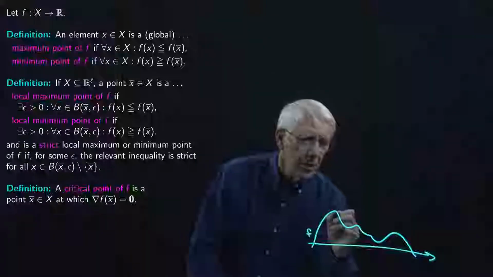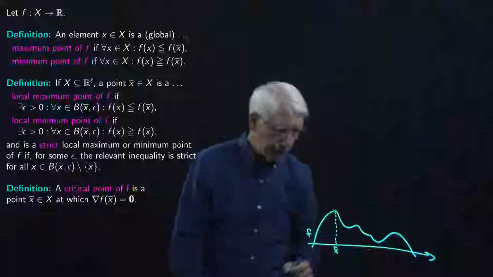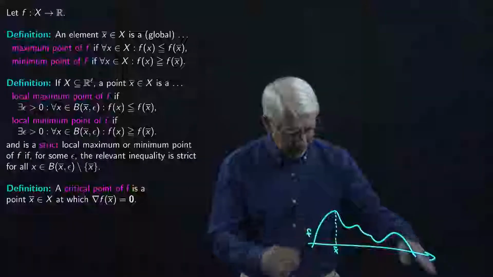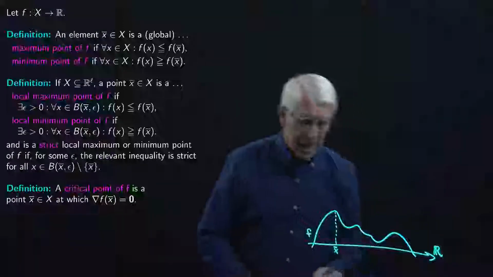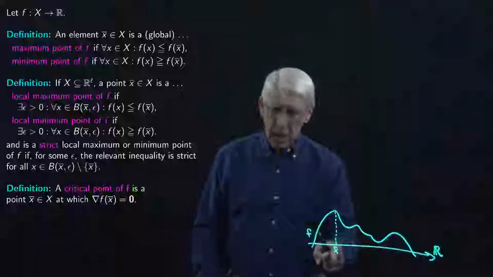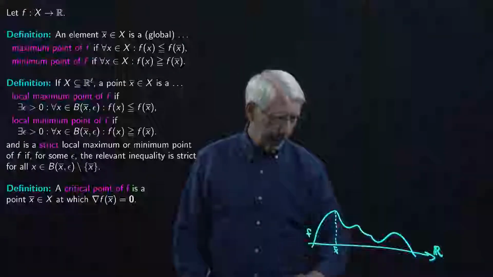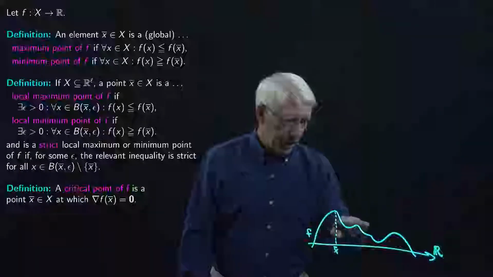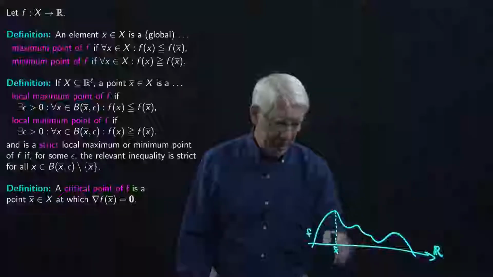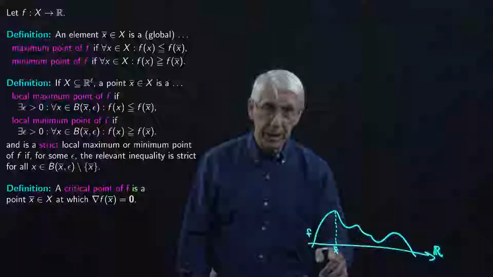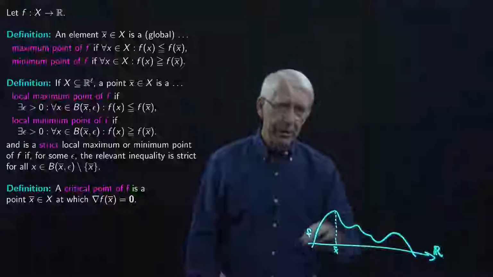And so this point here, assuming that the graph then goes down the rest of the way in R, would be a global maximum point of f. And of course, none of the other points in here are global maxima. So in this case, the global maximum is unique. I mentioned a little while ago that it wouldn't have to be unique, but here it is.